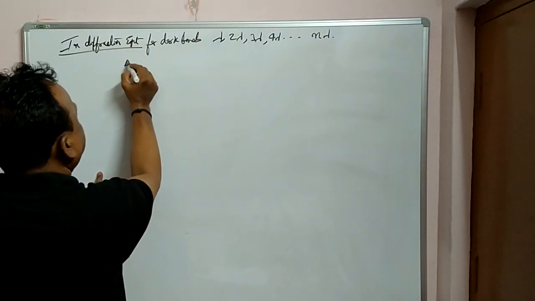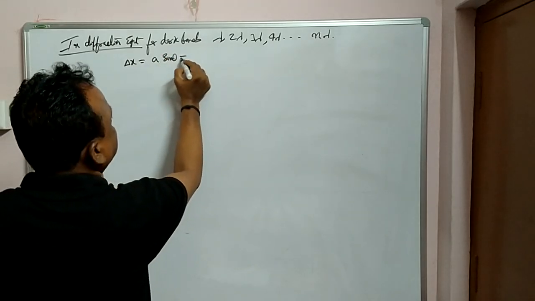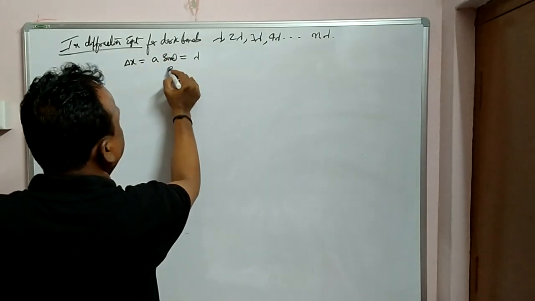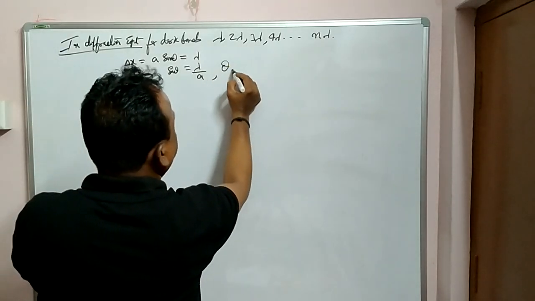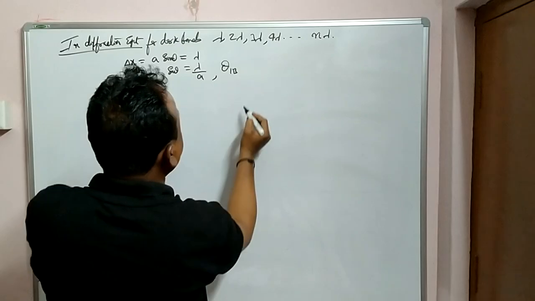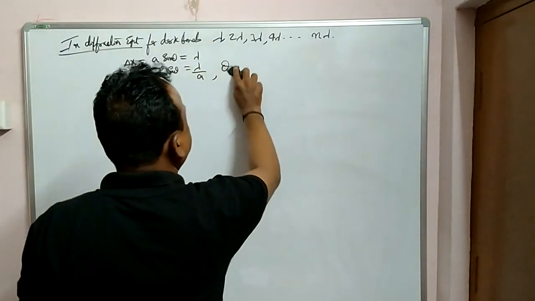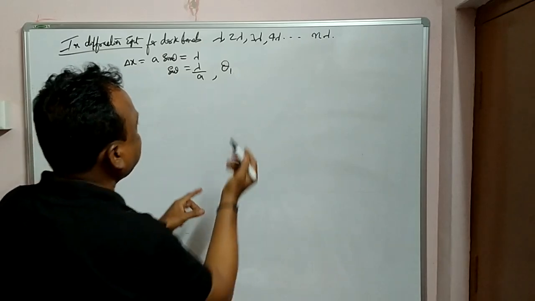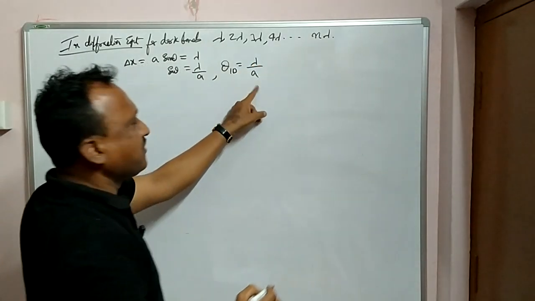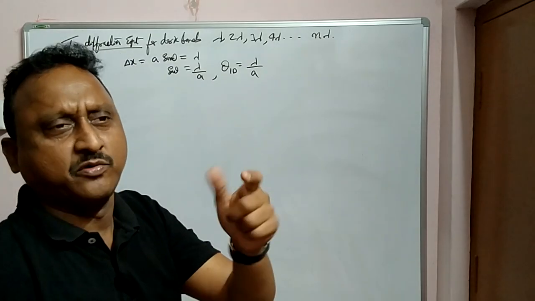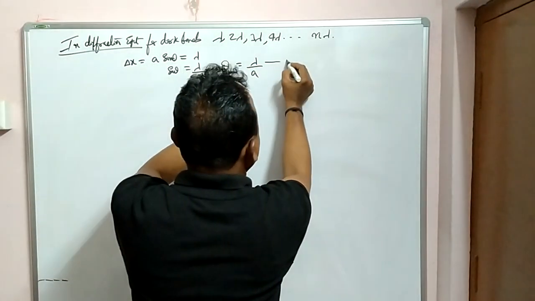And what did we get for delta x here? a sin theta, and this was equal to lambda, and sin theta was equal to lambda by a. Theta, the angular position for the first dark in diffraction, this is not bright, first dark is equal to lambda by a, and this was the difference between any two brights or any two darks. We have obtained already lambda by a. Okay, this is for first dark.